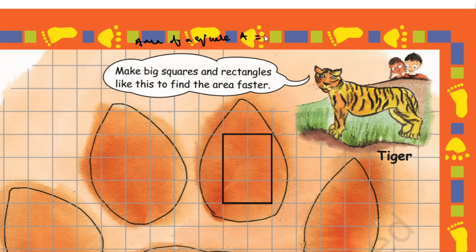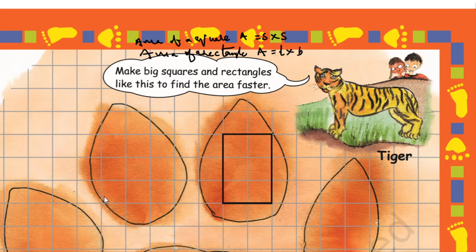A is equal to side into side, isn't it? Area of a square. Like that, area of a rectangle, A is equal to L into B.